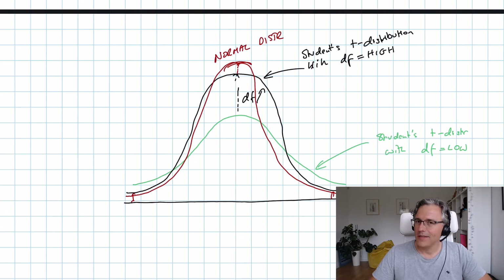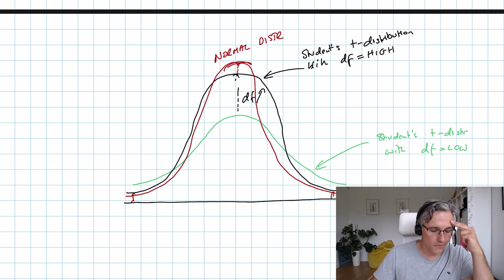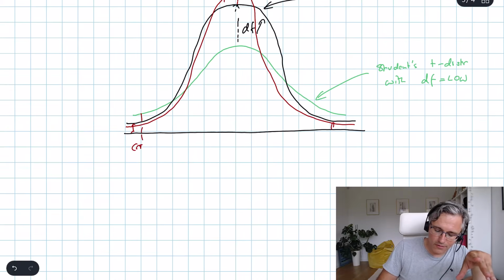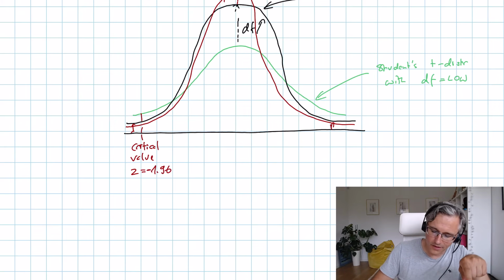And there's an easy way to test this. For example, if we were able to use the normal distribution and compute something known as the Z statistic, which in theory we could have in this example, we could have conducted the same test, but for the normal distribution, the critical value, or the Z value, would have been negative 1.96, and a corresponding critical value Z positive 1.96.